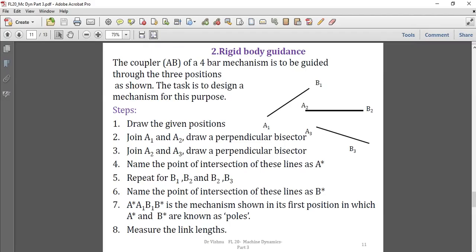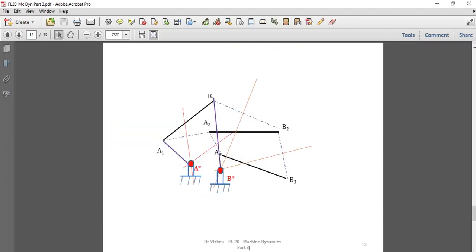The procedure for doing this problem is as follows. We said we will be given three positions of the coupler. So in this case, A1, B1 is the position of the coupler at the first point in time. Sometime later, it has come here as A2, B2.